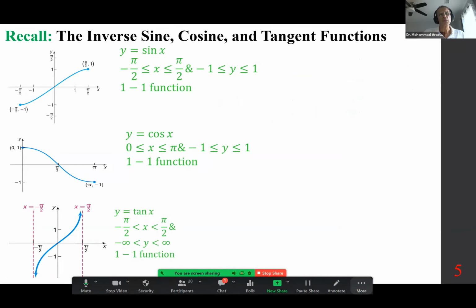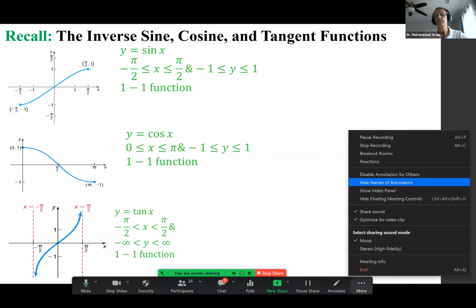So here's the synopsis of inverse functions, and we will look at them with more details in a moment.